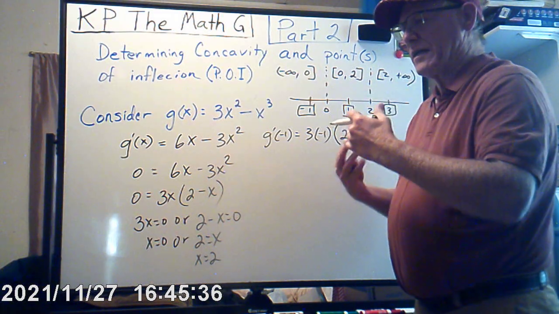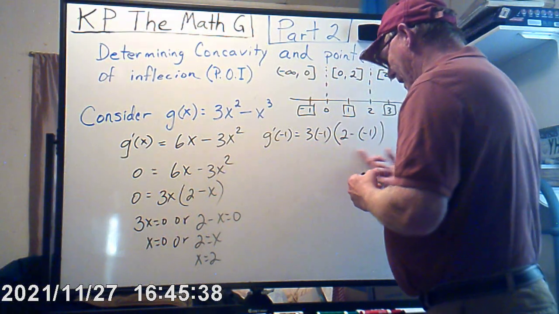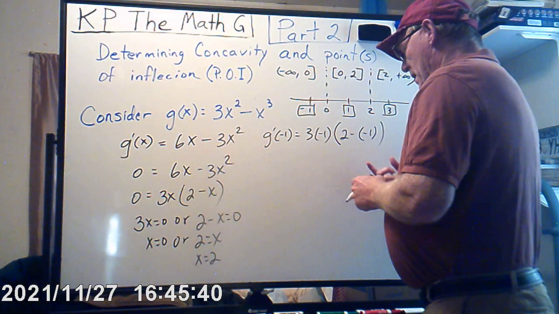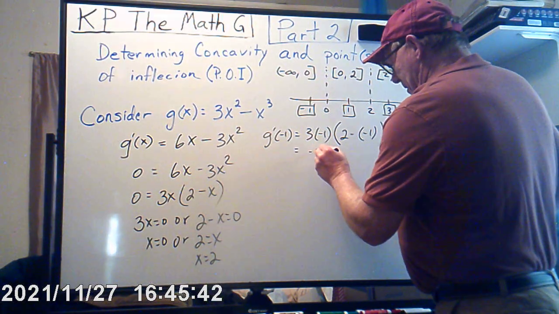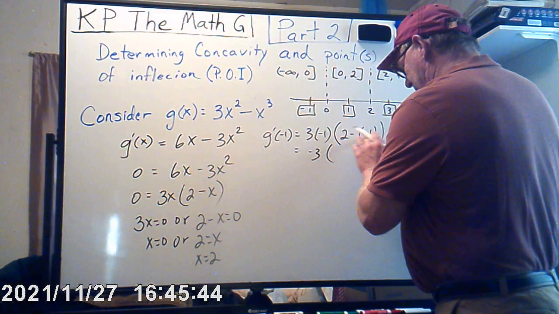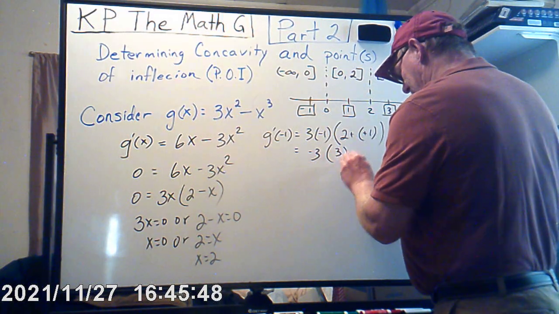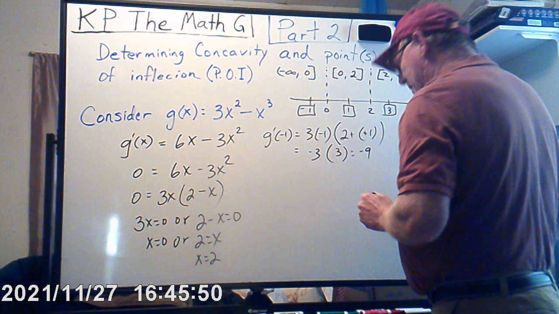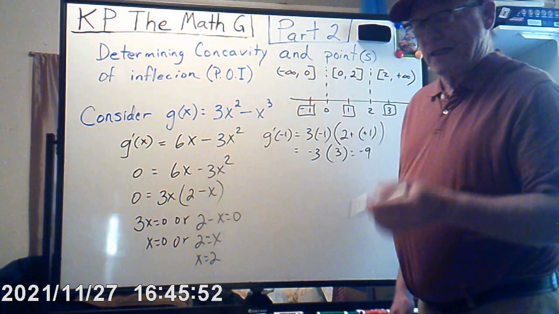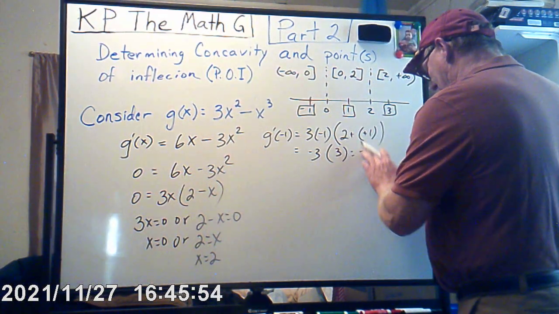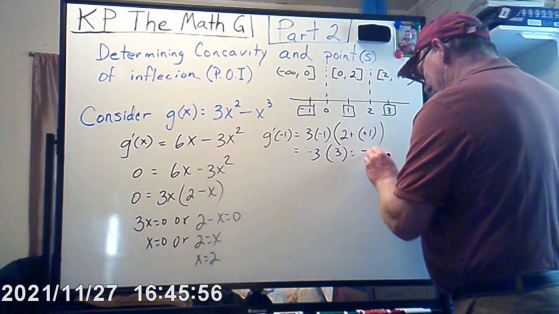What we're interested in is the sign of this. We know that 3 times negative 1 is negative 3, and 2 minus negative 1 is 2 plus 1, which is positive 3, and the answer is negative 9. Again, we're not concerned that it's negative 9. All we're concerned about is that this answer is negative.